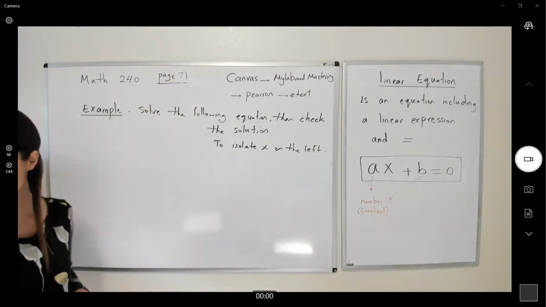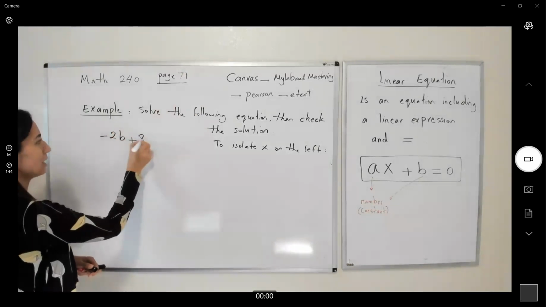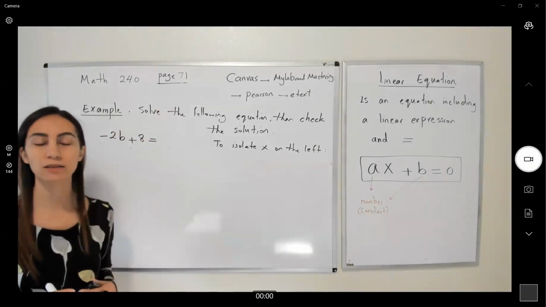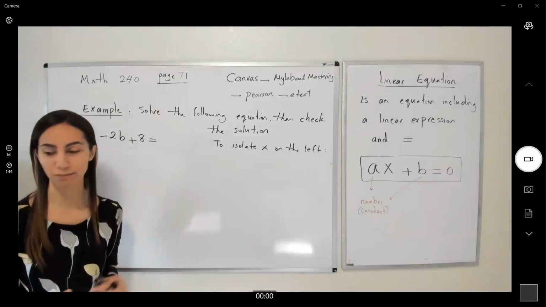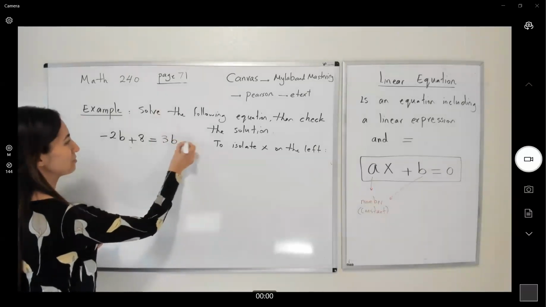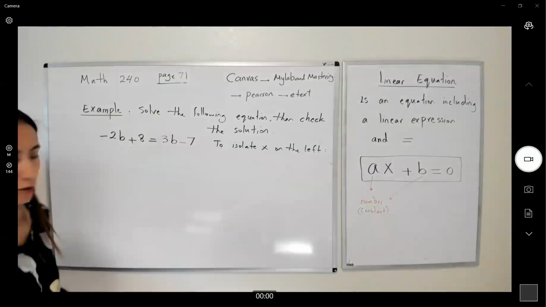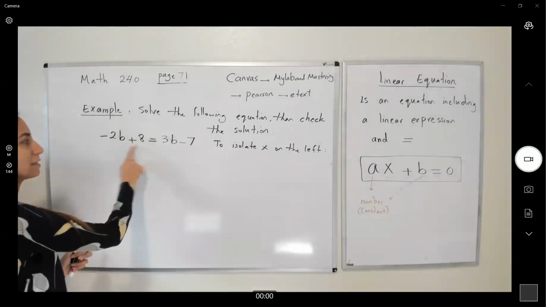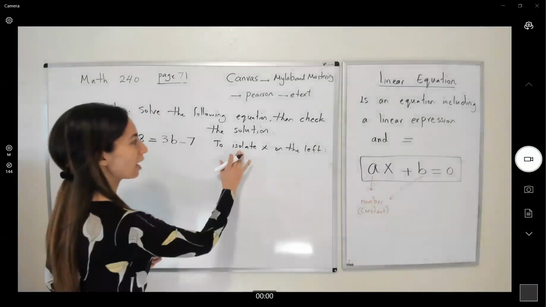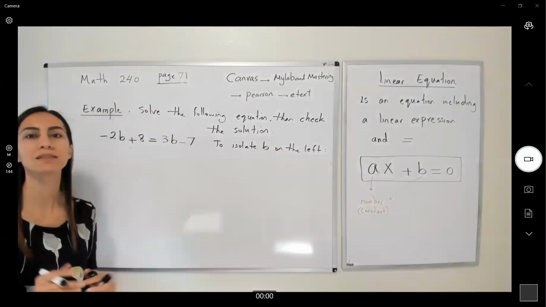Well, in this example, you have negative 2b plus 8. On the right-hand side, you have another linear expression, which is 3b minus 7. There you go. Your variable instead of x is now b. So our goal is to isolate b on one side.